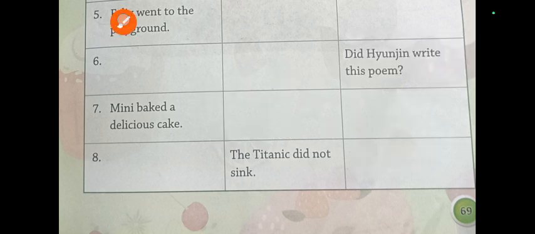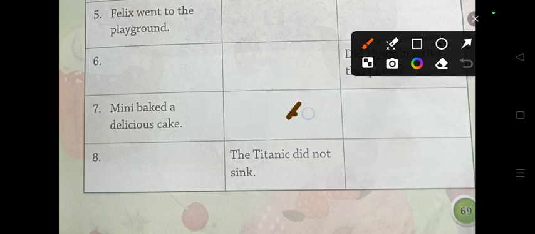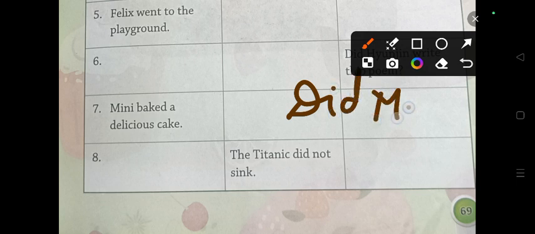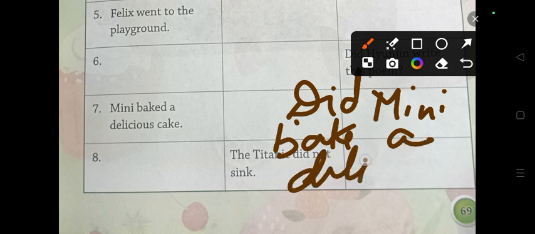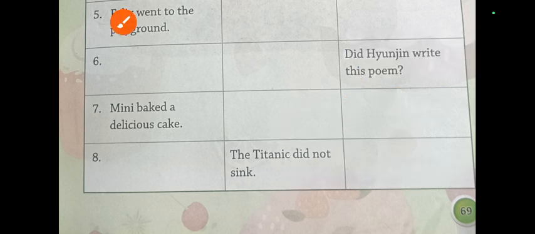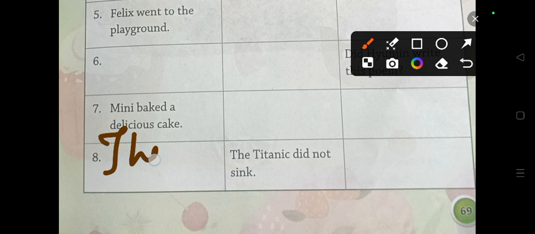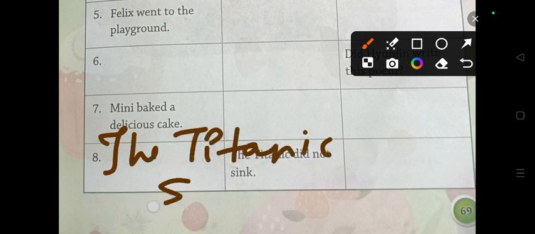Next one is did Minnie bake a delicious cake. Next one, the Titanic sank.